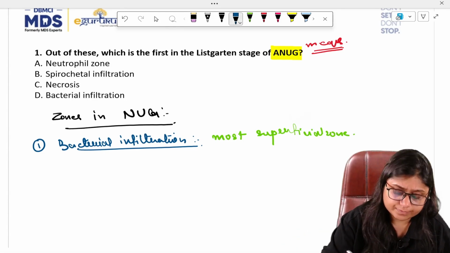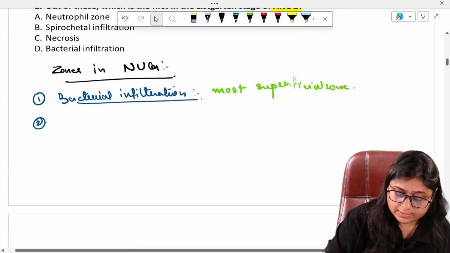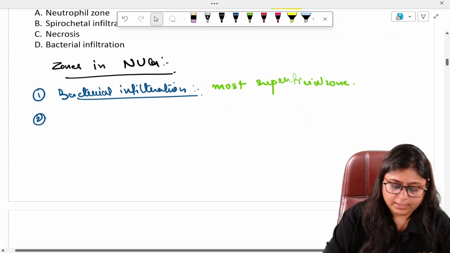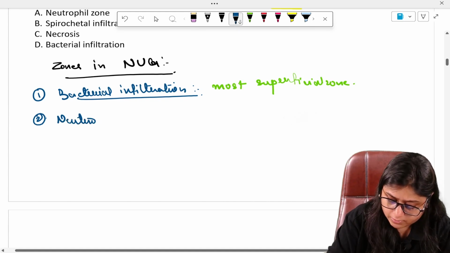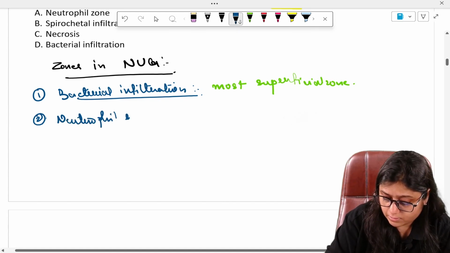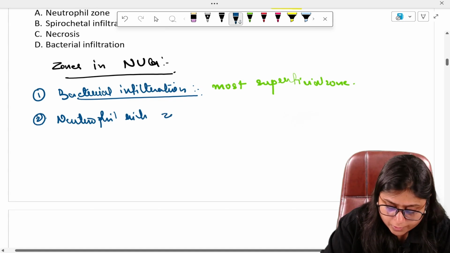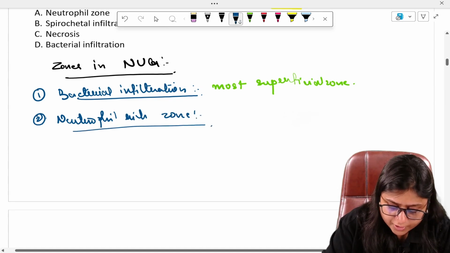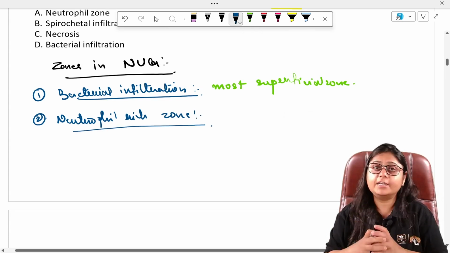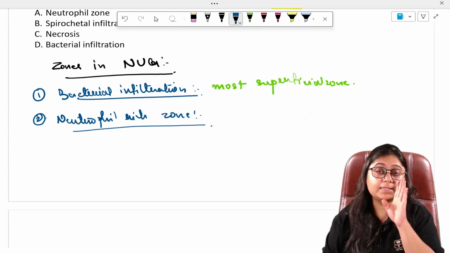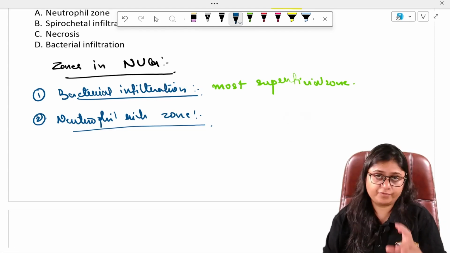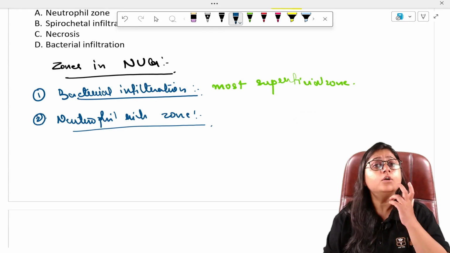The second zone is the neutrophil rich zone. In this zone, first the bacteria are coming. We have studied in the pathophysiology that when bacteria are there, the first cells that come immediately at the site of infection, within less than 2 hours, are the neutrophils.